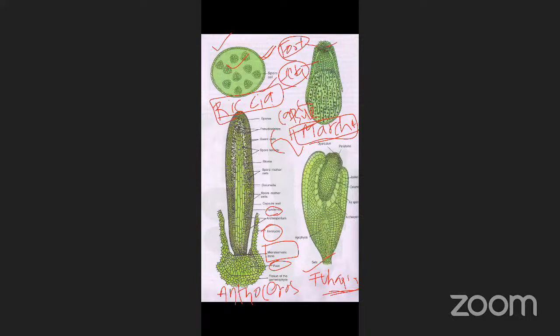Columella also sterile cells. This chlorogenous tissue and columella are not present in Marchantia and Riccia, right? So what you observed among these, here the sterile cells gradually increased. And finally, the last one, Funaria. What are the sterilization cells in Funaria when compared with Anthoceros?